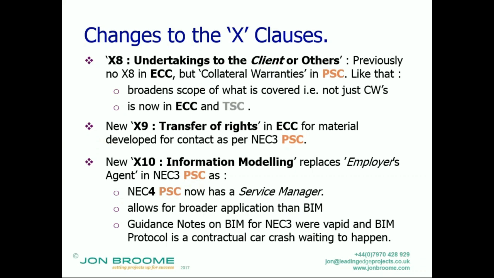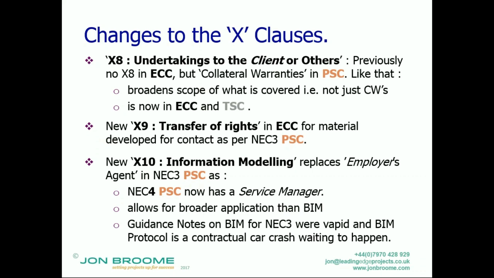Now, I actually wrote an article on using the BIM protocol with NEC3, and I described it as a contractual car crash waiting to happen. There is absolutely no way I could recommend any client use the BIM protocol with the NEC3. It covered the things, but not in a contractually compatible way.